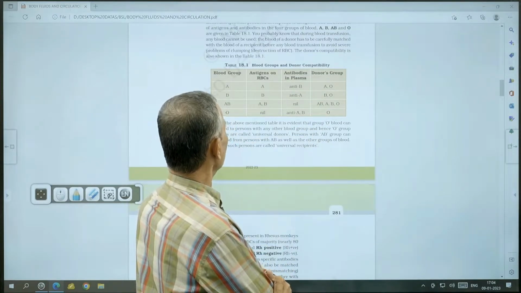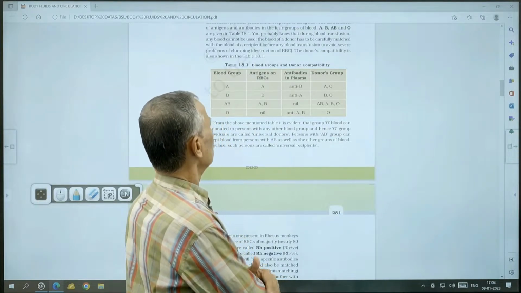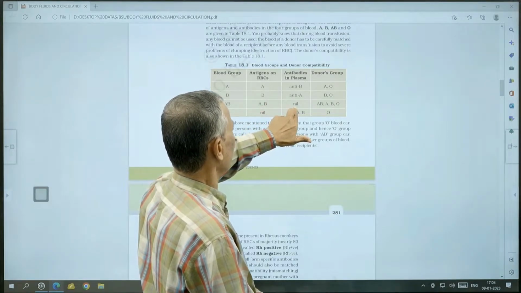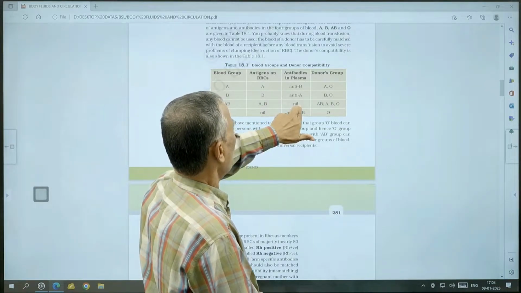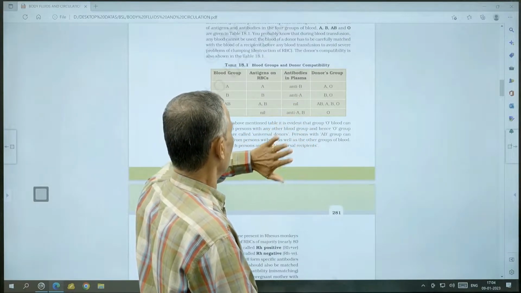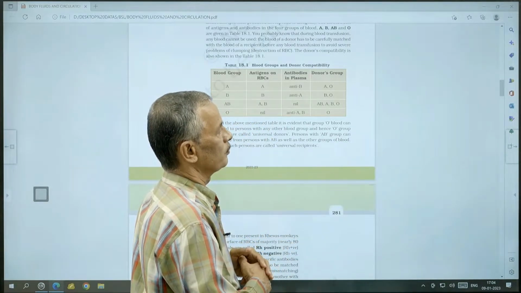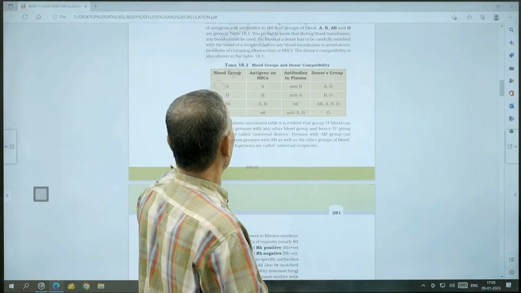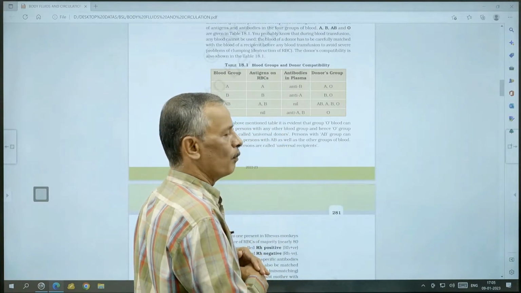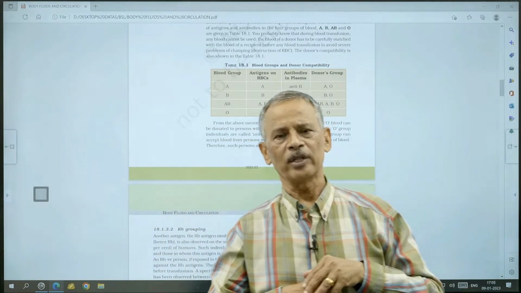If I am having both A and B antigen, then I belong to AB group. Since both antigens are present, I cannot have any antibody in my plasma. So antibodies are absent from my plasma. Sometimes I will be having no antigen at all. Then I belong to zero group or O group, and I will be having both A antibody and B antibody in my plasma.